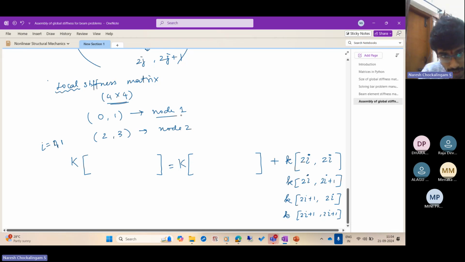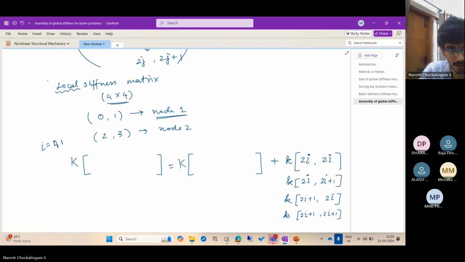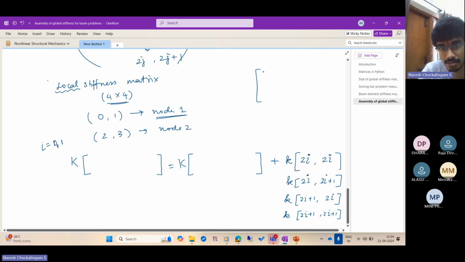And if you take node 1 alone, it has got two degrees of freedom. So this is the first submatrix: 2i, 2i; 2i, 2i plus 1; 2i plus 1, 2i; 2i plus 1, 2i plus 1. This submatrix has to go somewhere. Where will it go?